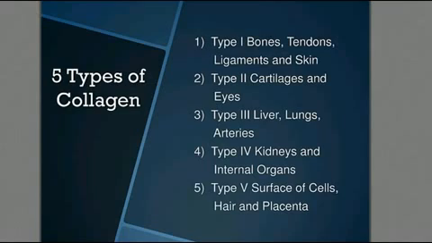Type 3 collagen is what makes up your liver and your lungs and your arteries. Type 4 collagen is the kidneys and all the little internal organs, the things that are trying to make these hormones and keep things going. And then type 5 collagen is the surface cells, the cell itself, and there are 70 trillion cells in the human body.